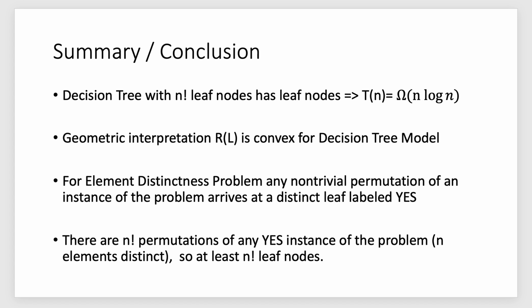The region of instances that arrive at the leaf node L is convex for the decision tree model. For the element distinctness problem, we have proved that any non-trivial permutation of an instance of the problem arrives at a distinct leaf also labeled yes.